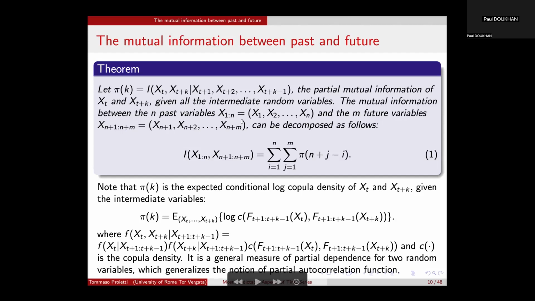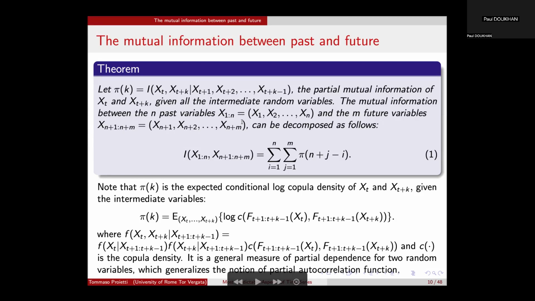Now, you could say, let's look at these things, measure them and estimate them. Actually, they are not very easy to estimate, because pi k is nothing more than the expected log copula between the two variables conditional on everything else.